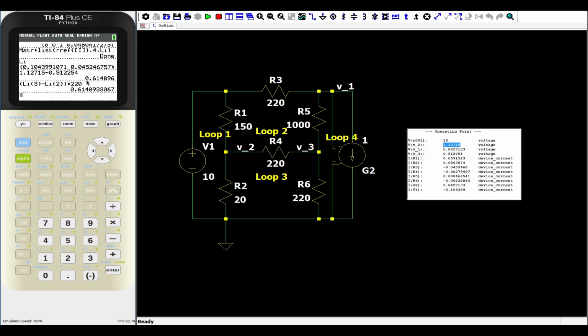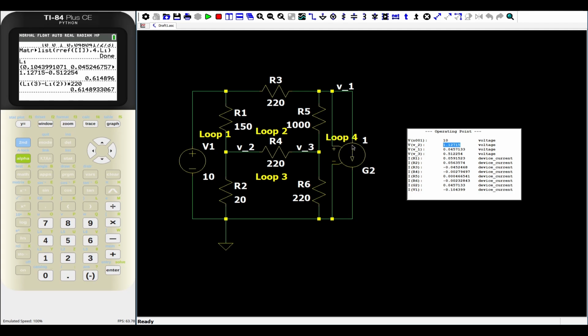As you can see, indeed, our rounding seems to be pretty similar, 0.61489, and the rest of this is just truncated from the simulator, but it's pretty much the same. And therefore, we now know how to find the voltage drop across any resistor in the circuit simply by considering the current's direction.